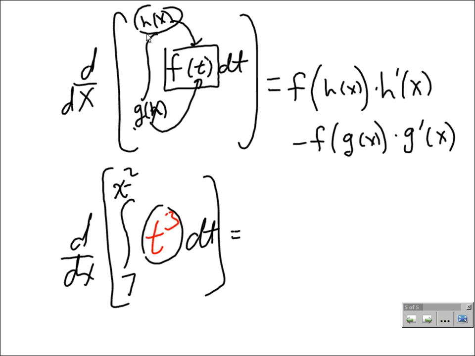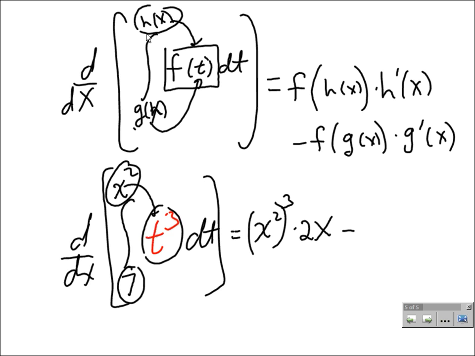First, you want to plug x squared in for t. So you get x squared cubed, times the derivative of that limit, the derivative of x squared, minus, now instead of t, I'm going to write 7. 7 cubed times the derivative of that limit.